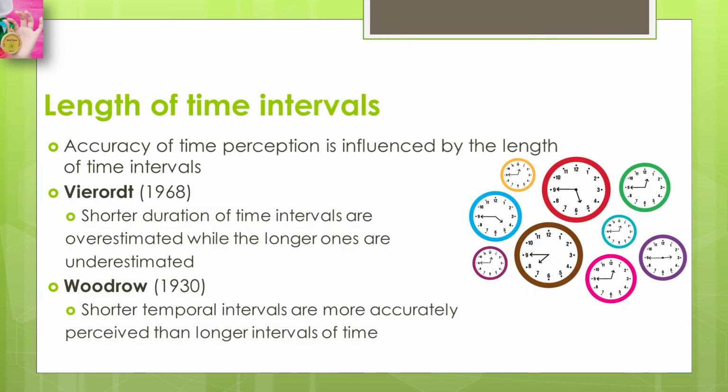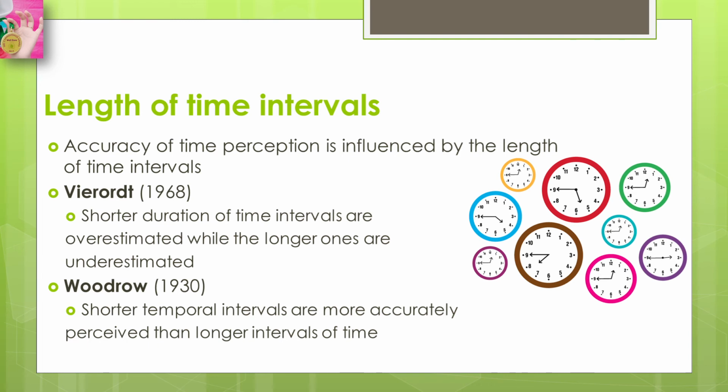Now, the next factors that affect the perception of time are the length of the time interval and stimulus characteristics. Some studies have demonstrated that the accuracy of time perception is influenced by the length of time intervals.